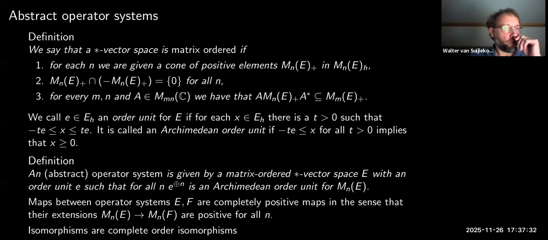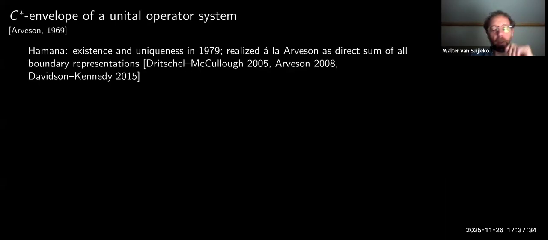Okay, so let's not throw away all the things we know about C-star algebras, because that's very useful, of course. And in fact, the link will be very relevant in what will follow. So there is some notion of a C-star algebra that you can associate to an operator system.